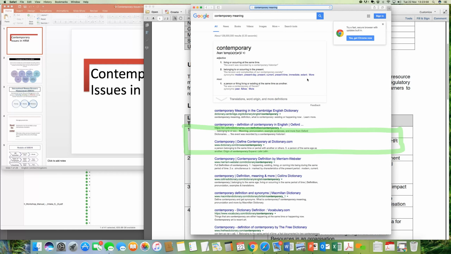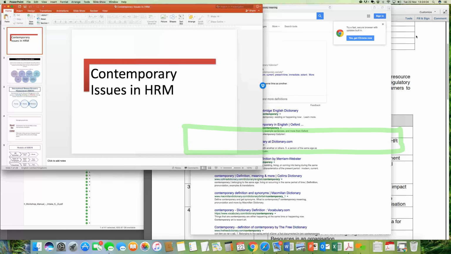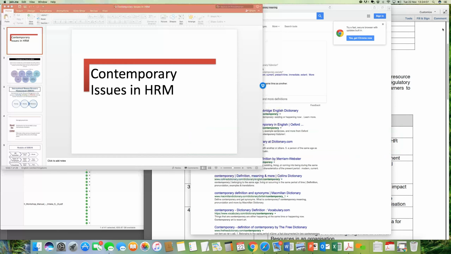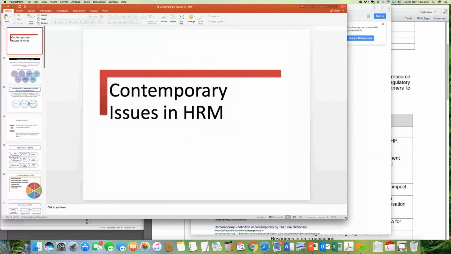Contemporary issues in HR means certain issues which are not ordinary issues, but which you will face as an HR manager from time to time when you manage human resources. You'll have to be prepared to understand what these issues are and how they affect the human resources that you manage within the organization.